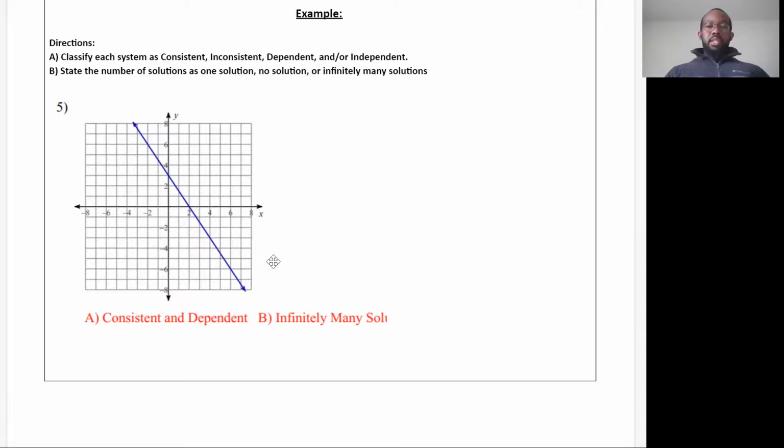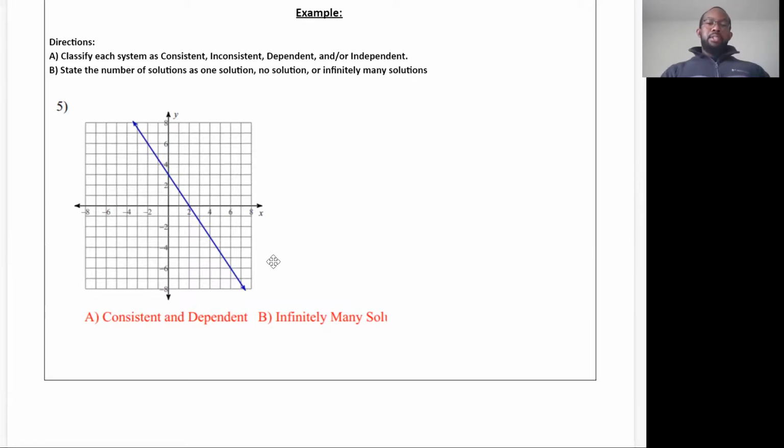We'd also say that this system is consistent. And we would say that this system is dependent. This system is dependent, all right? Because all the points are common for both lines. That makes it dependent, all right? And remember that whenever there's only one solution, in other words, when the lines intersect at one point, that would be considered to be independent.